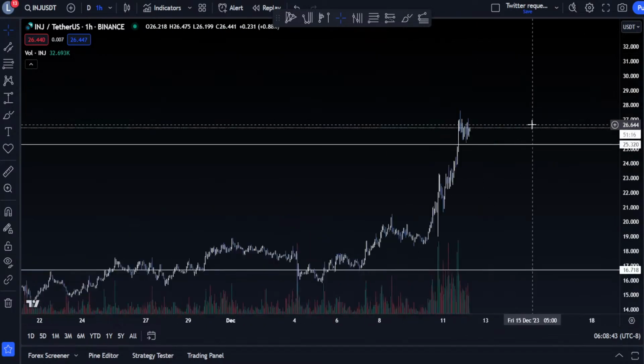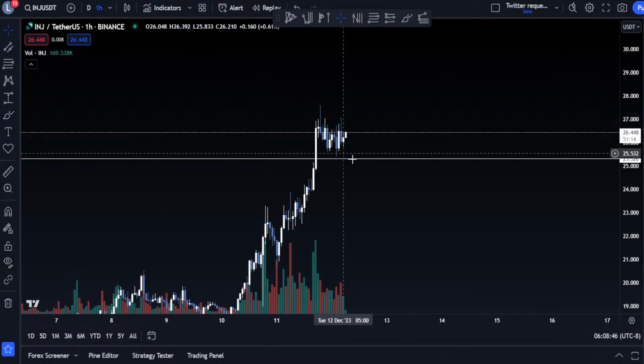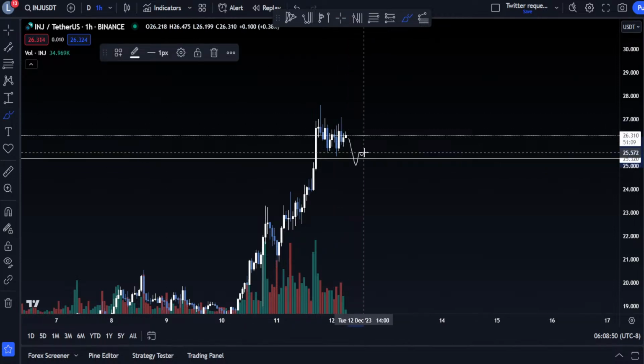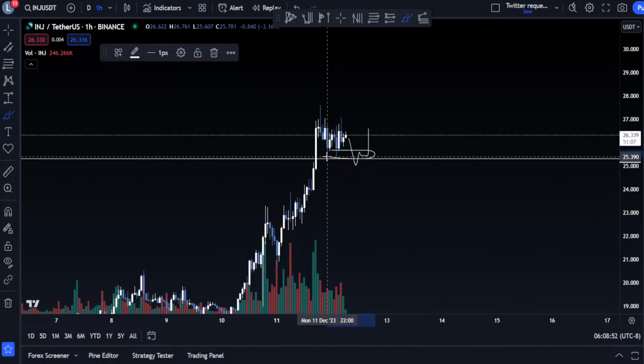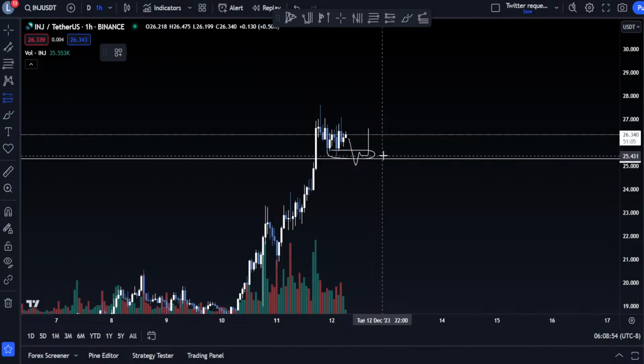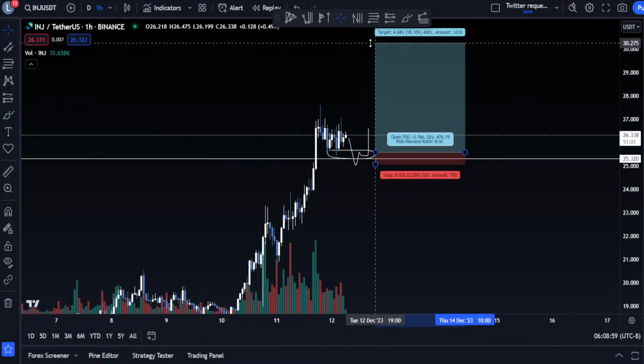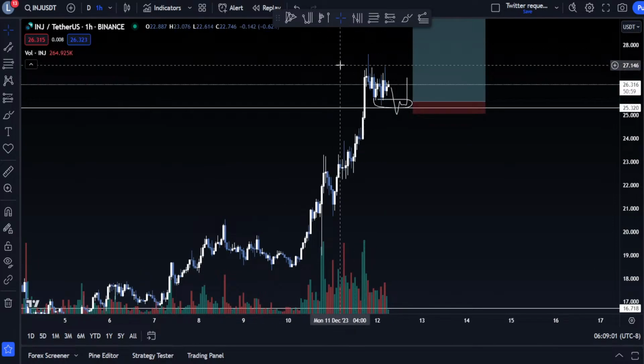I mean, you technically could try to long a breakout. We almost had a retest there. Could wait for something like this, a tighter invalidation breakout. Where would you target? It's hard to say.